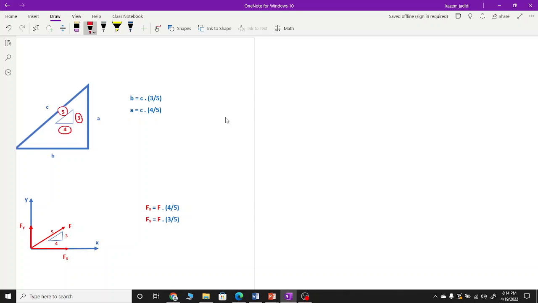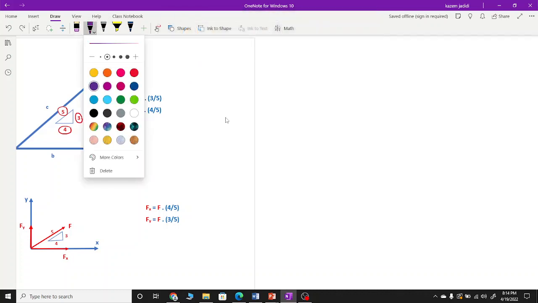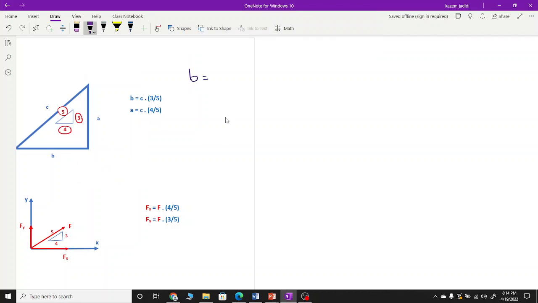Well, it could be the opposite: 3 is base, 4 is height. It doesn't matter. B, which is the base in this particular example, is going to be C times 4 over 5, because parallel with B is 4. And A is C times 3 over 5, because parallel with A is 3.